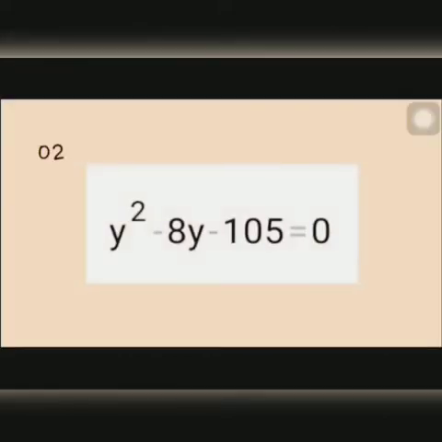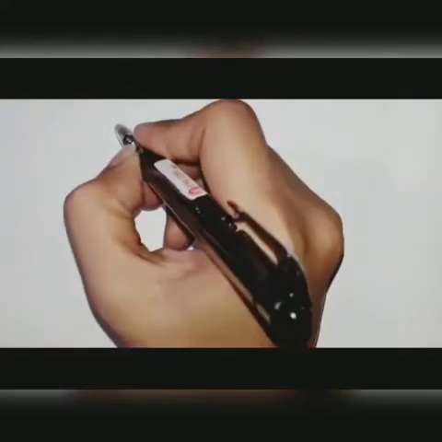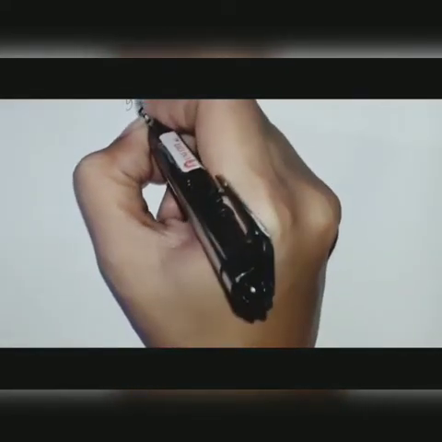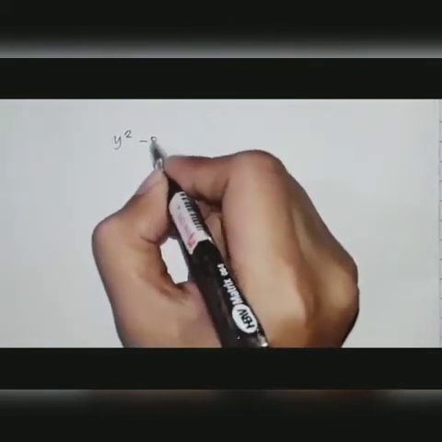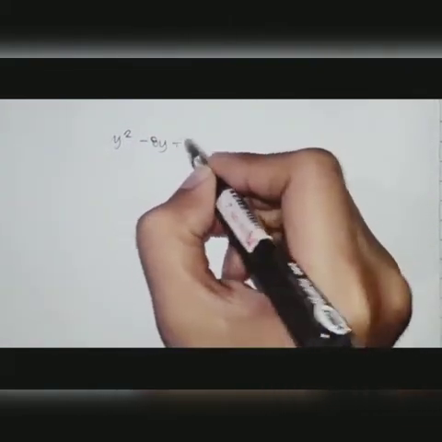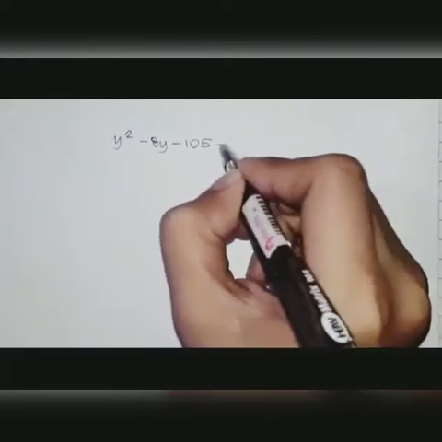For our second example, we will have y squared minus 8y minus 105 is equal to 0.